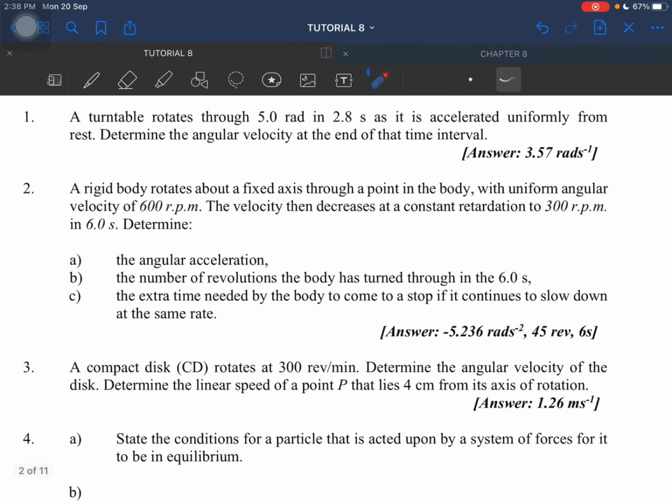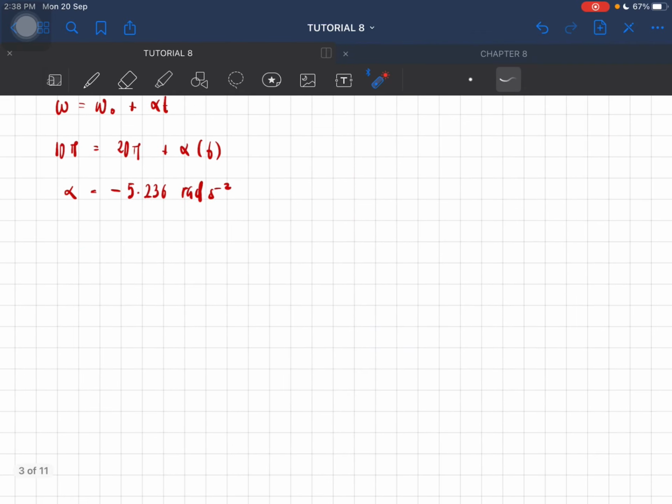Okay, what else? Oh, question B. We have to find the number of revolutions that the body has turned in 6 seconds. So for the number of revolutions, what formula can we use? We can use the formula theta equals omega naught t plus half alpha t square. This is similar to our chapter 2, but this one is just for rotational motion.